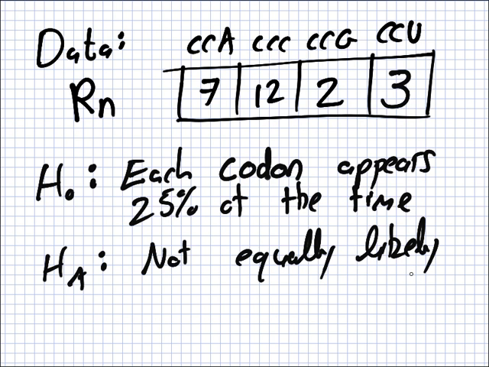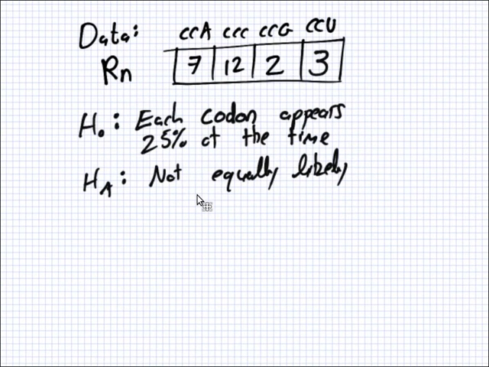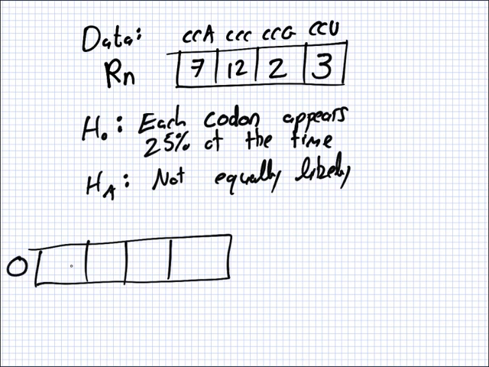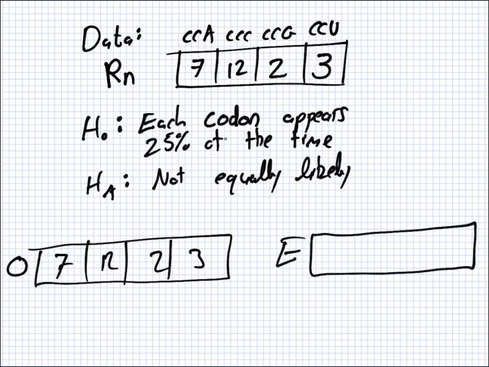Okay? Now, let's do the calculation. Let me show you how this works. So what you do is you have to make 2 tables. The first table is what you observed. So I'll call this table O. And that's 7, 12, 2, and 3. Then you need to make a second table of what you expected if the null hypothesis was true.